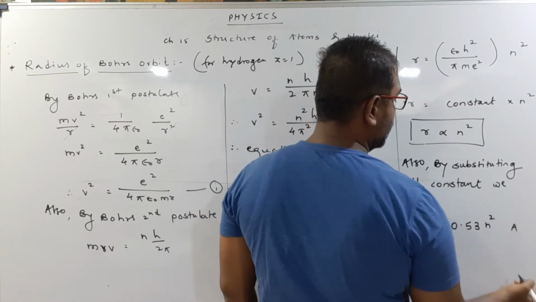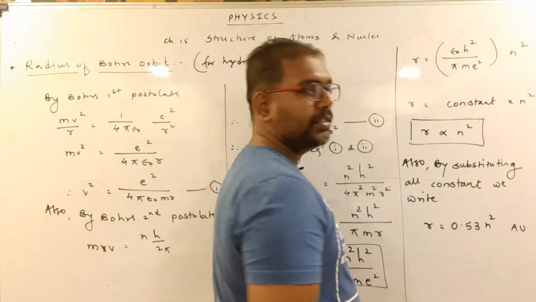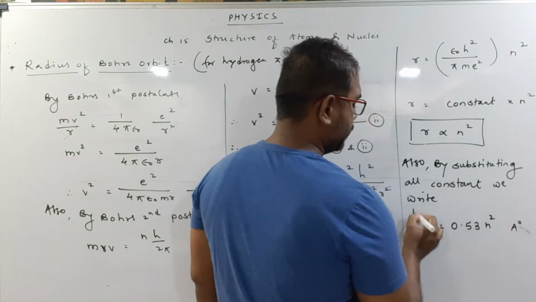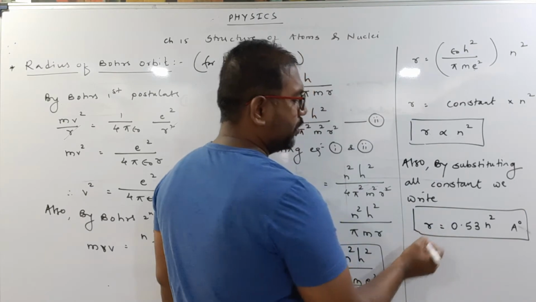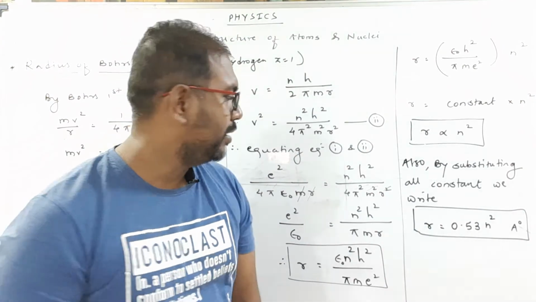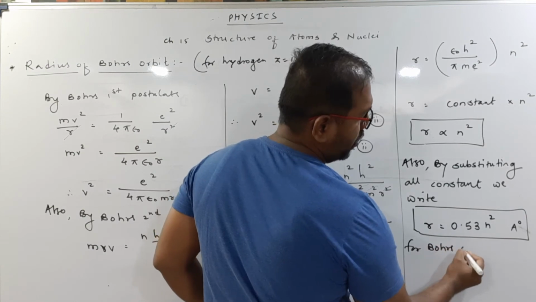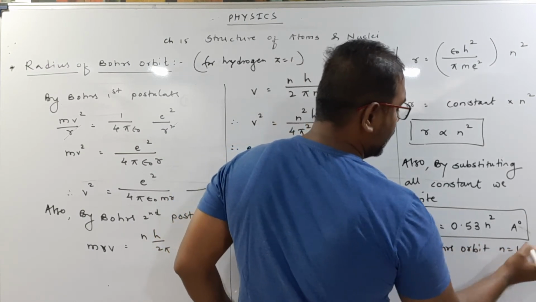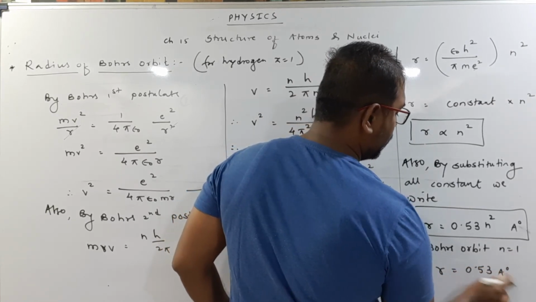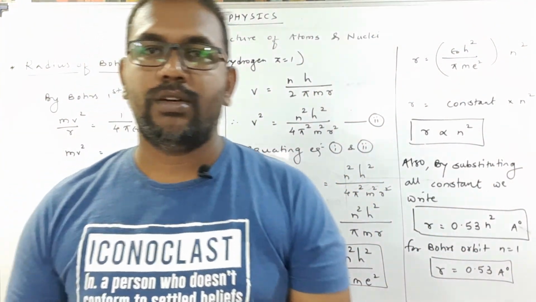So this value is in angstrom unit. Therefore, radius of Bohr's orbit, for Bohr's orbit n is 1. So if I substitute n is 1, hence r is equal to 0.53 angstrom. So this is a radius of Bohr's orbit.